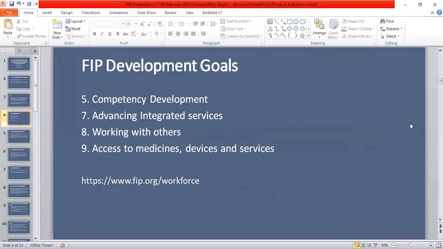So FIP has 5 development goals that are relevant to our discussion this evening.